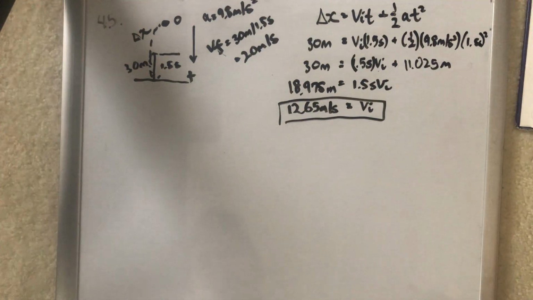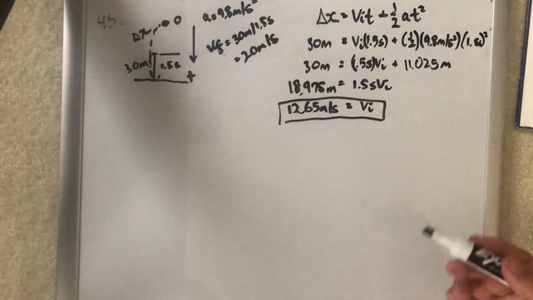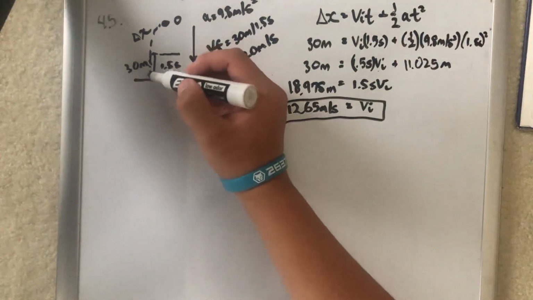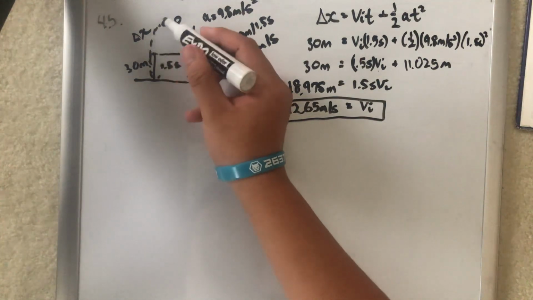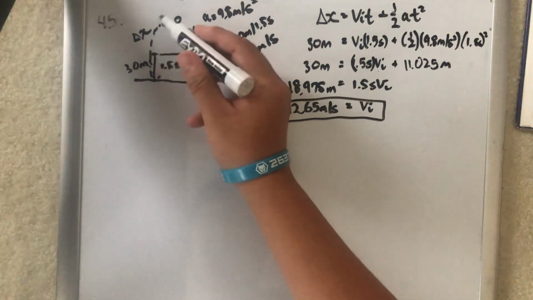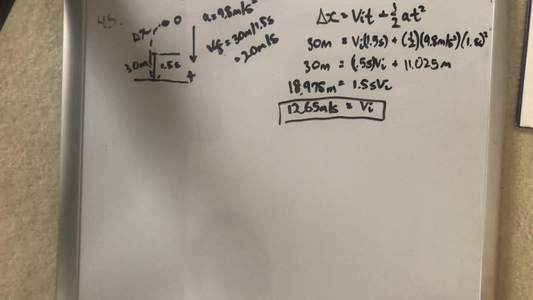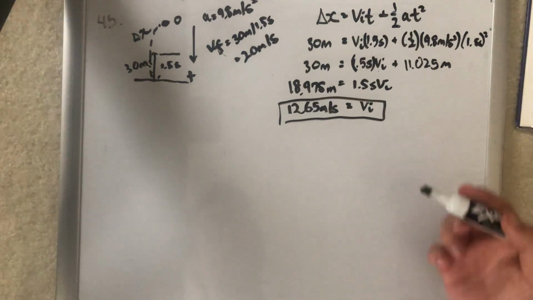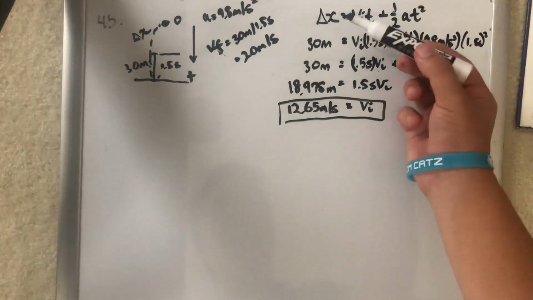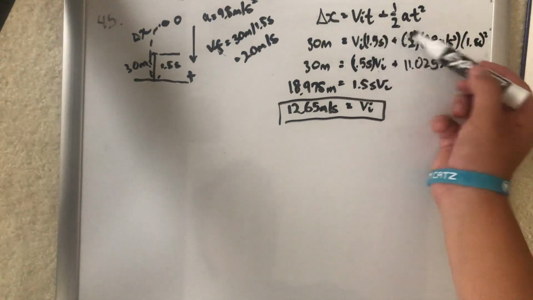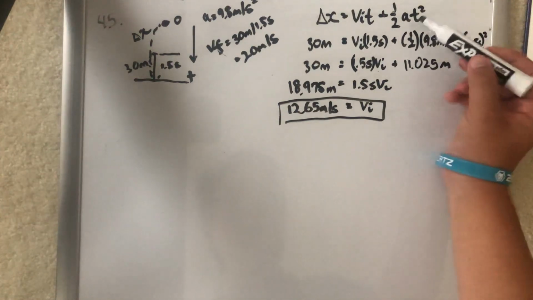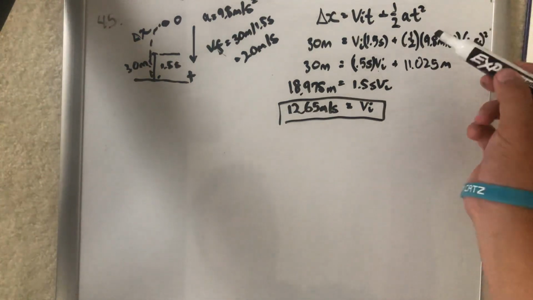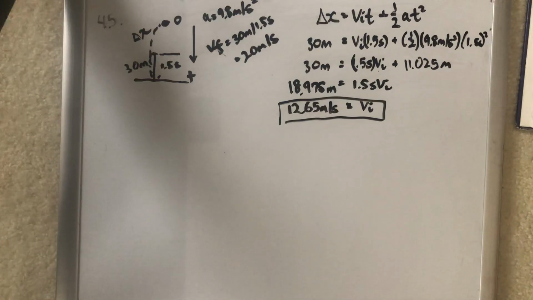So now that we know what the initial velocity is, we have to find this entire length. We want to use the same kinematic equation, because we already know everything else except for time.